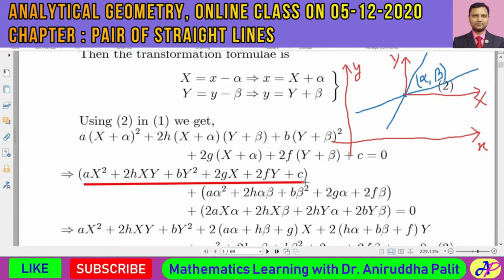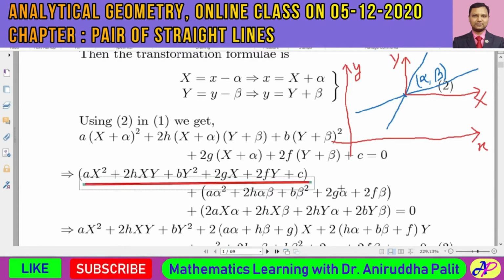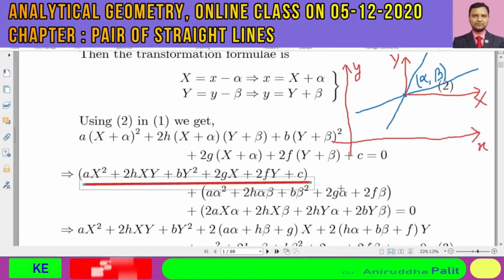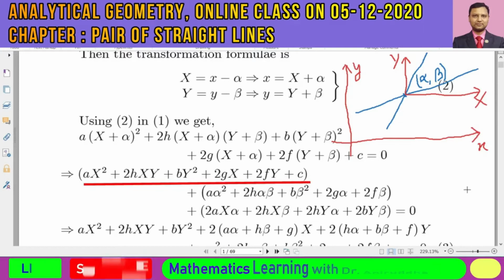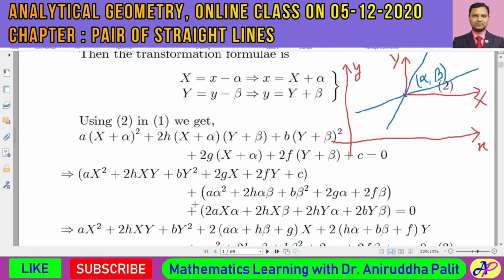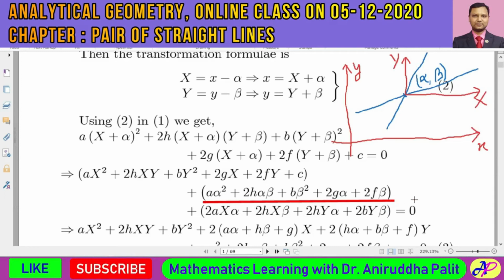I am writing them in a group because it is very similar to the expression used in equation number 1. Just in place of small x and small y, we have put capital X and capital Y, including the constant c. And this second term is very similar to equation number 1, except the constant term c.